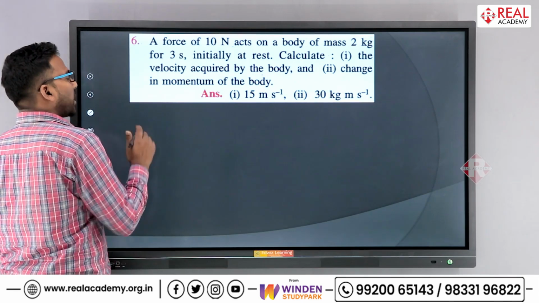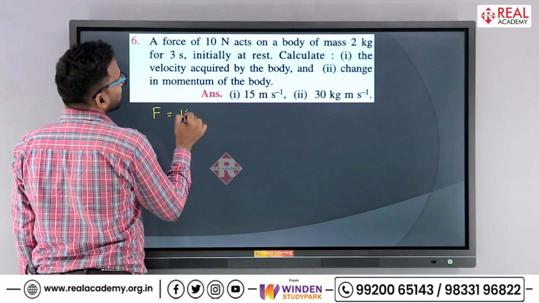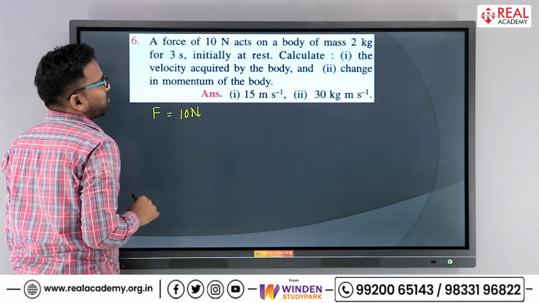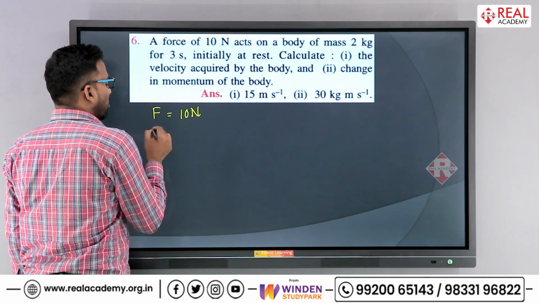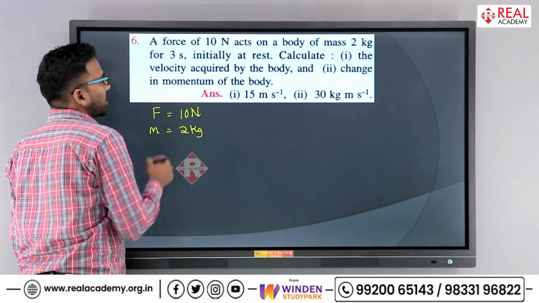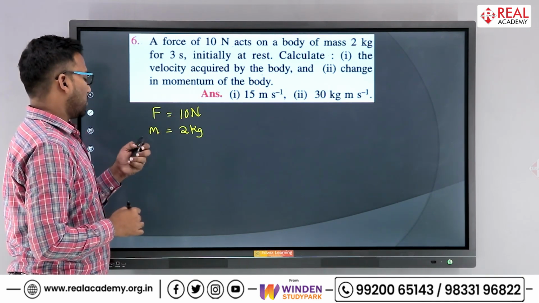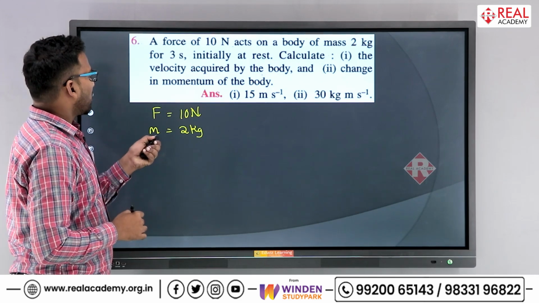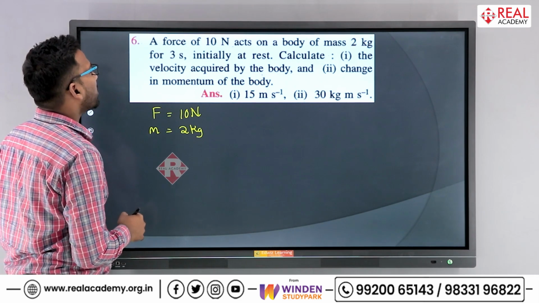A force of 10 Newton. That means they have given force, how much? 10 Newton. Acts on a body of mass 2 kg. That means this much force is acting on mass 2 kg for 3 seconds.